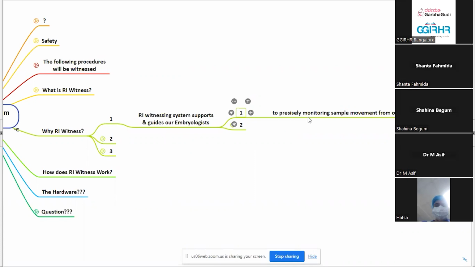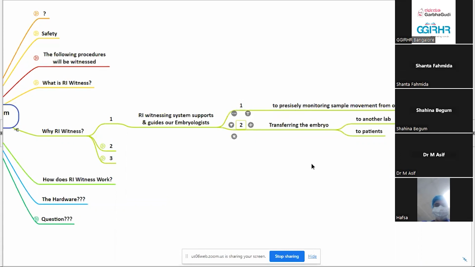Okay, so for example, if the embryologist is moving the sample from one dish to another dish, he can be totally confident that this embryo belongs to this patient only, or else it won't allow the transfer. And secondly, transferring the embryos.